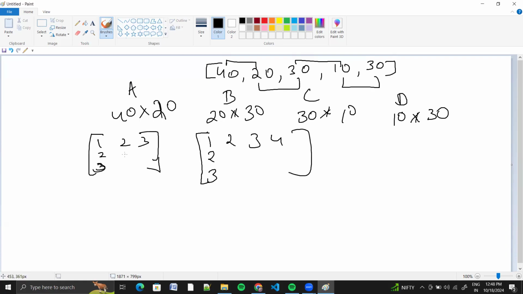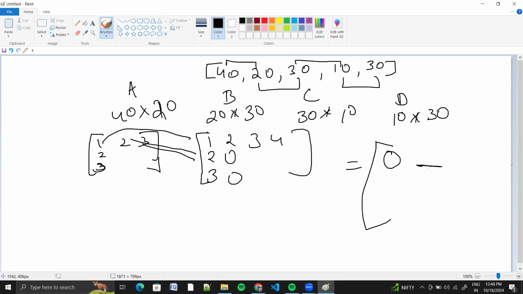We know the matrix multiplication goes like this: 1 into 1, 2 into 2, 3 into 3. That comes in the resultant matrix, that becomes the first element. Then 1 into 2 and so on, adding them becomes the second element. So you see that we are multiplying 3 into 3. The first matrix was of size 3 into 3, the second one was of size 3 into 4. So we are performing 3 operations.